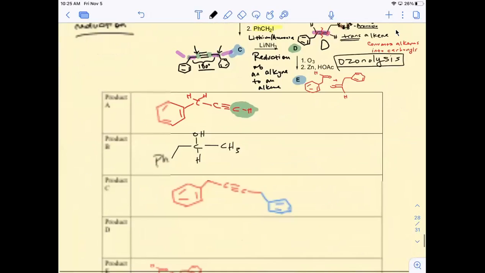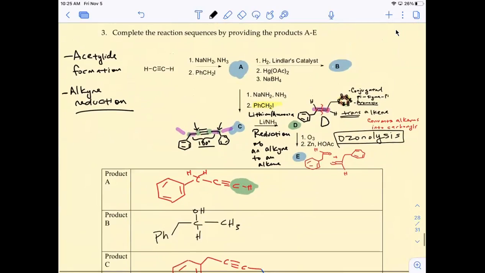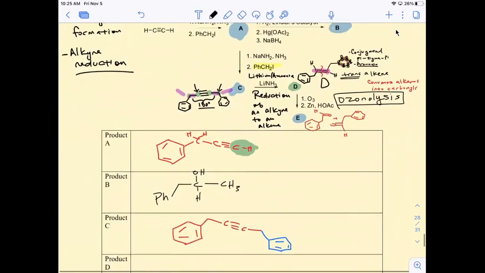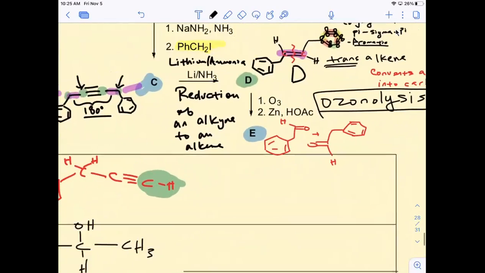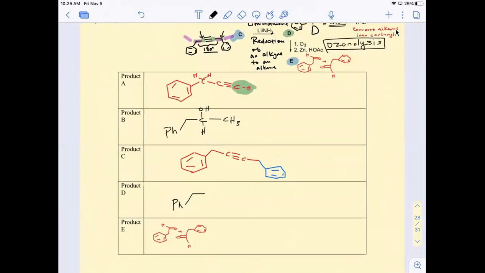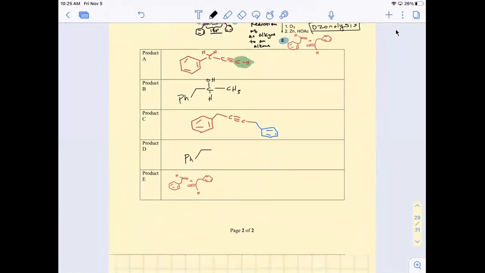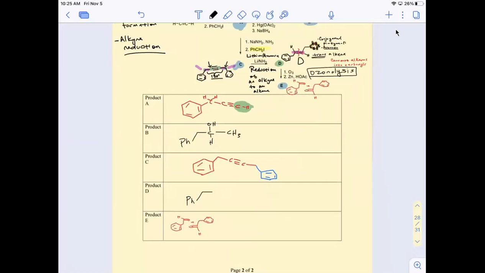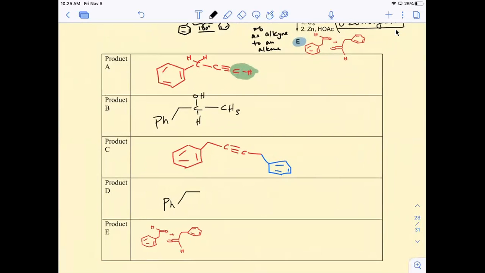So that's going to be that for E, and then we did D also. I'll just put it in, and I'm going to abbreviate. I'll abbreviate that.